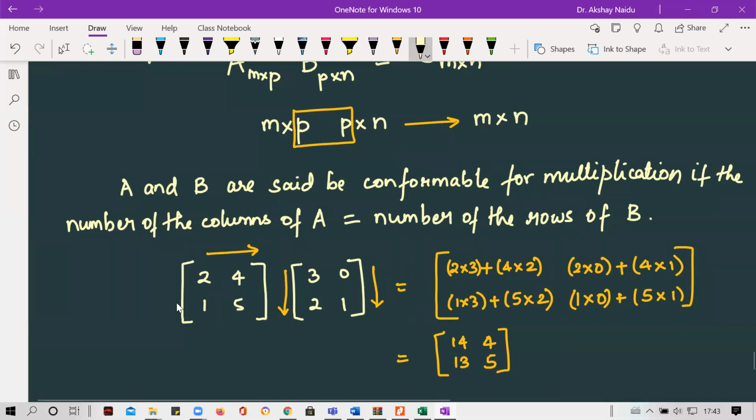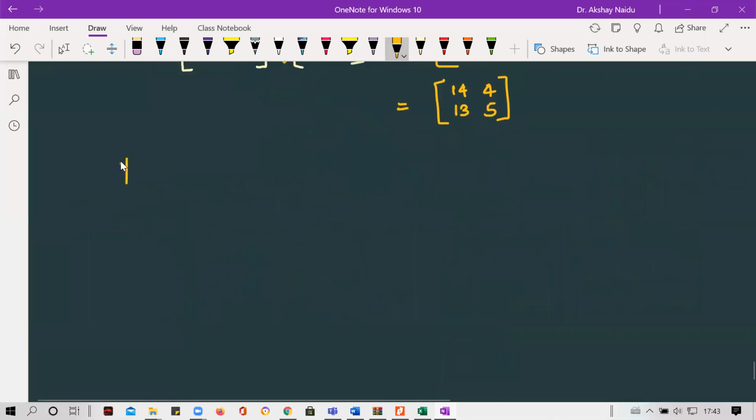Now, properties of multiplication. Here, likely questions. First, addition was commutative. Multiplication is not commutative.